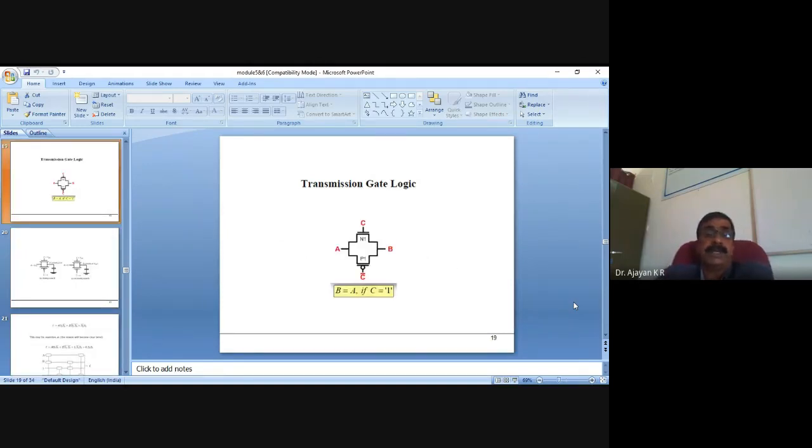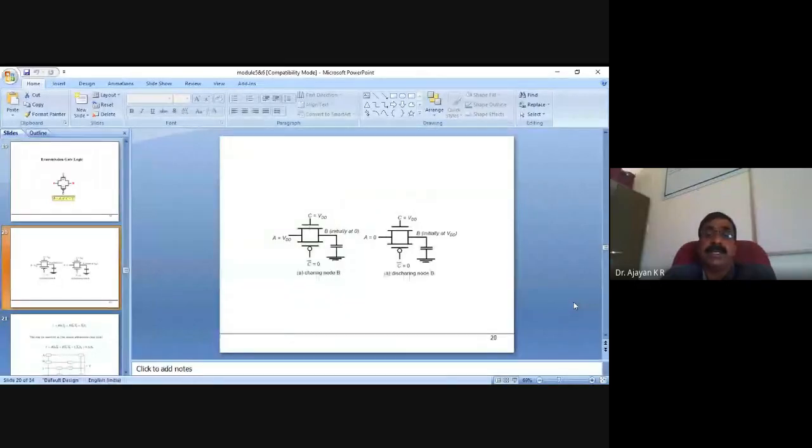Now this is the condition that we stated previously. This is how the charging mode of B works from A is equal to VDD. It is clearly written here, A is equal to VDD, C bar is equal to 0, C is equal to VDD, and A is the source for PMOS.